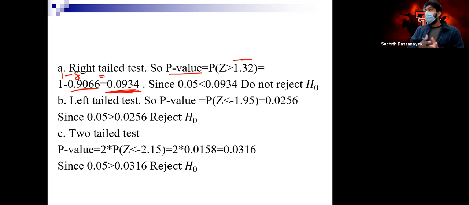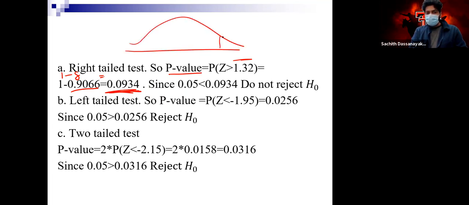Which one is the bigger one? Your calculated value, which is your p-value, is bigger. So it is like this. This is your alpha, and this is your delta. I'll draw it with dashed lines, and color this side with horizontal lines.